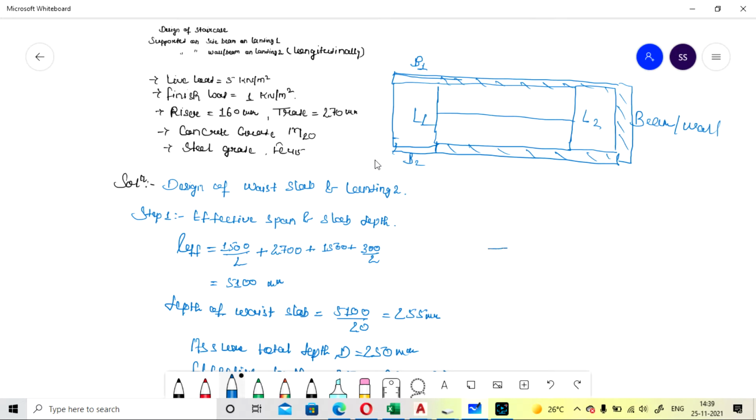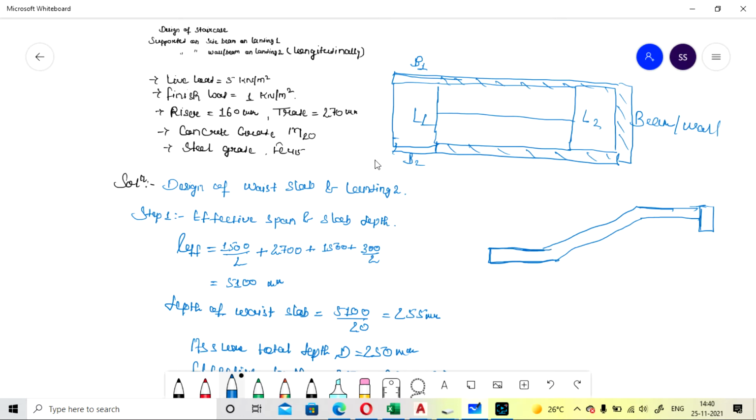It will look somehow like this. This will be landing 1, this will be a flight, and up to mid landing it is like this. And this will be a beam or wall here. Okay, and here it is on the side of the landing.